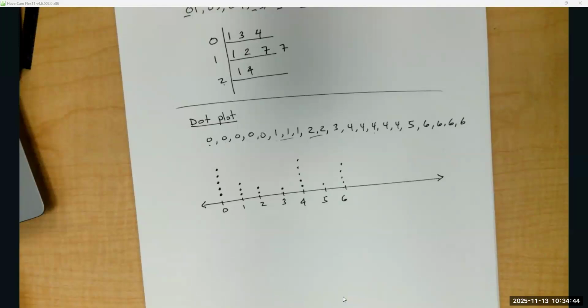So repeated numbers are stacked on top of each other. In essence, this is a very primitive form of a histogram.